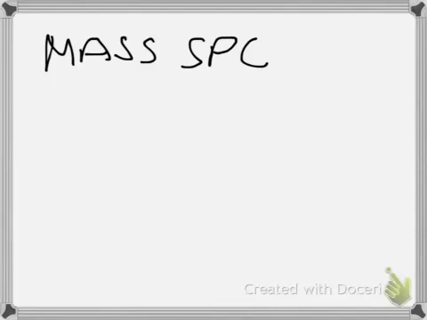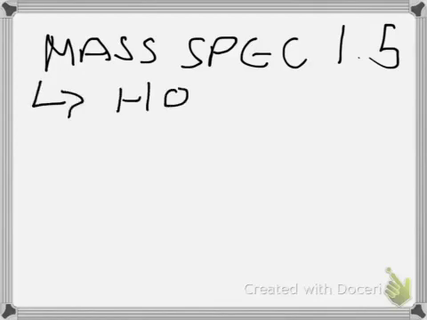Okay, so in this video we're going to look at mass spectrum. We're going to look specifically at linking it to section 1.5 in your specification. We're going to look at how mass spec works, so what the different parts of mass spec are.